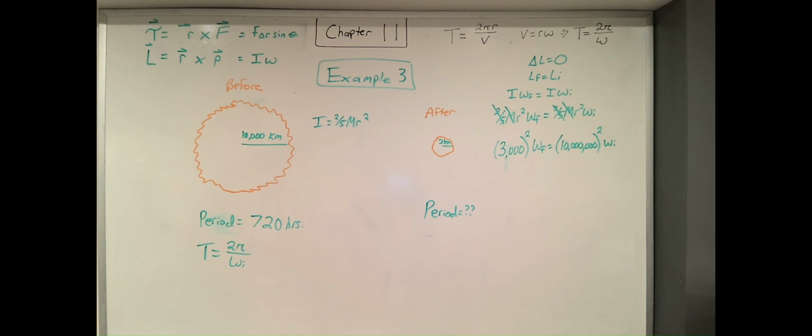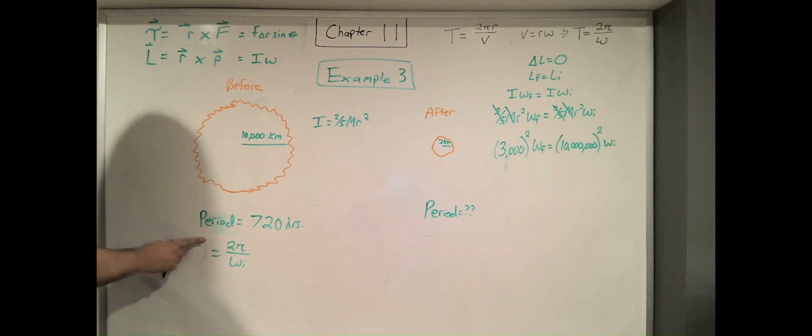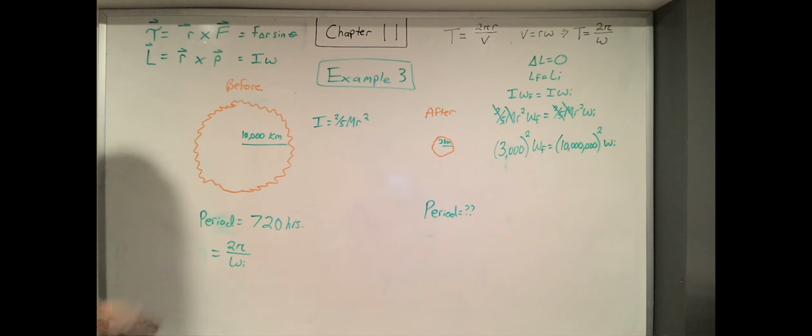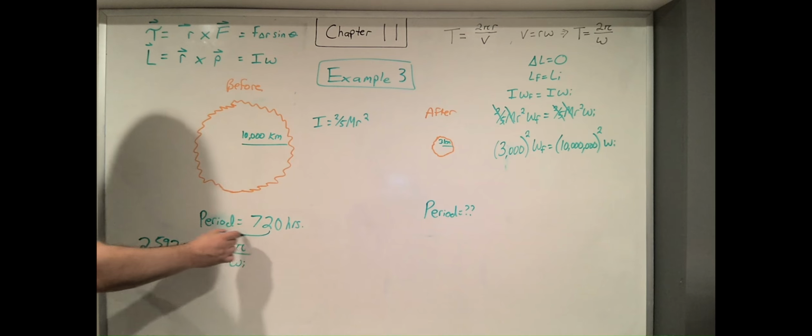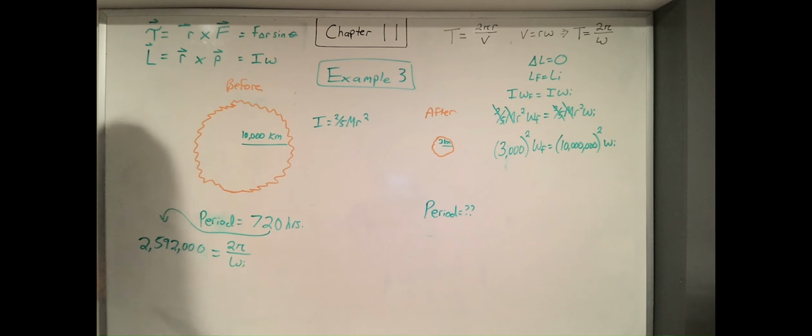It's 720 times 3,600, because for every 1 hour there's 3,600 seconds. Make sure you know how to do these conversions. It'd be 2,592,000 seconds. So this is hours, but in seconds.